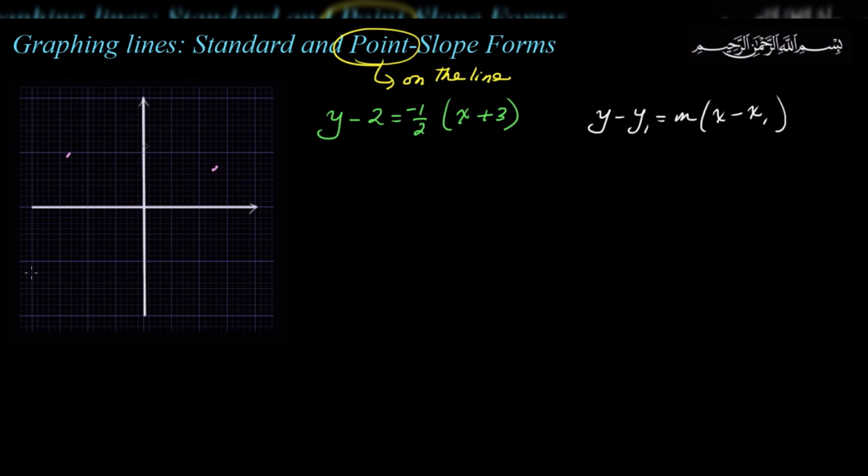It could be any ordinary point anywhere on the line, just a random point that's on the line. So the point slope form gives you a particular point that's definitely on the line, and there's nothing else special about it except that it is on the line. And it gives you the slope right there.